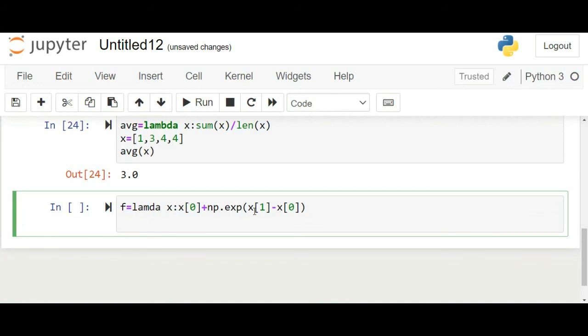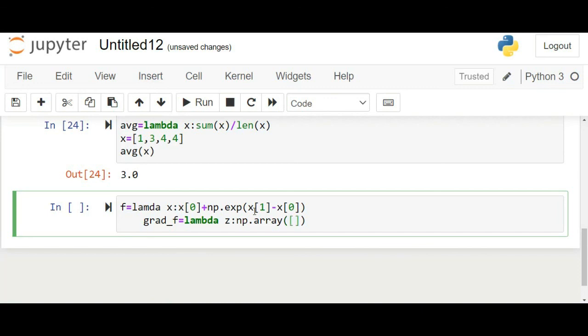And then we write grad_f, the gradient of this function, which is equal to lambda z colon np.array.